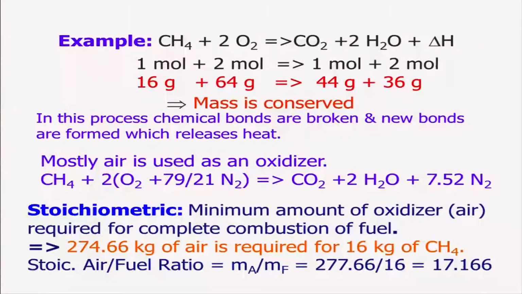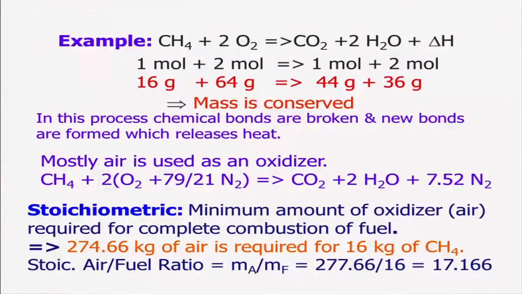If you look at this, it is the balance, am I right? This is the balance equation, and that we call stoichiometric. Stoichiometric means the minimum amount of oxidizer required for complete combustion of, let us say, 1 gram of fuel or 1 mole of fuel.